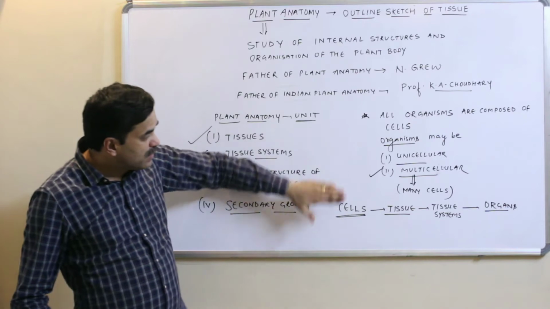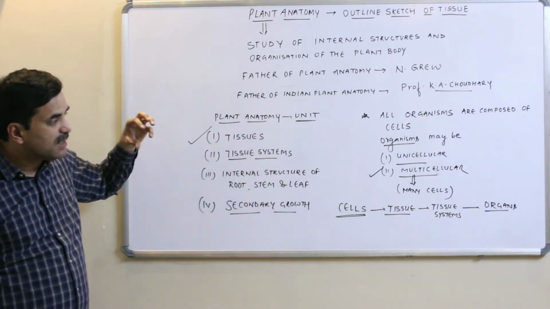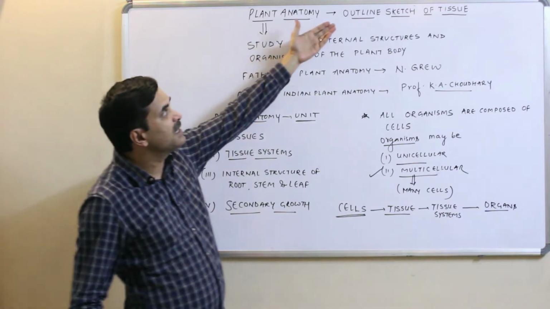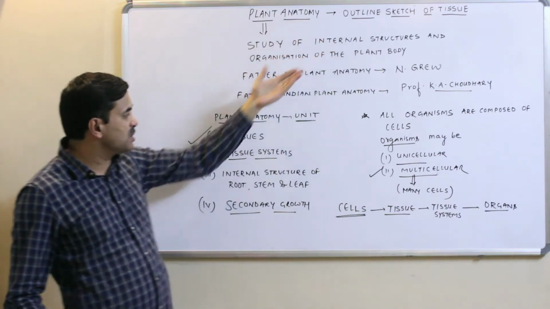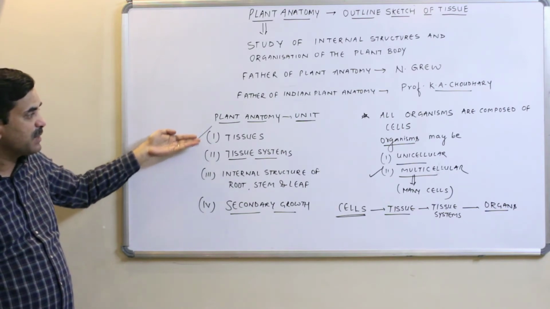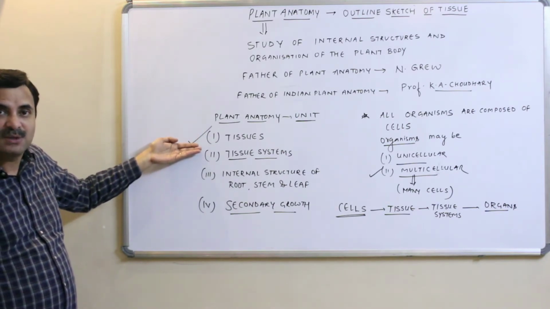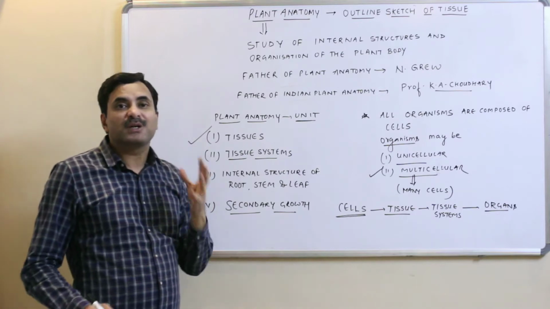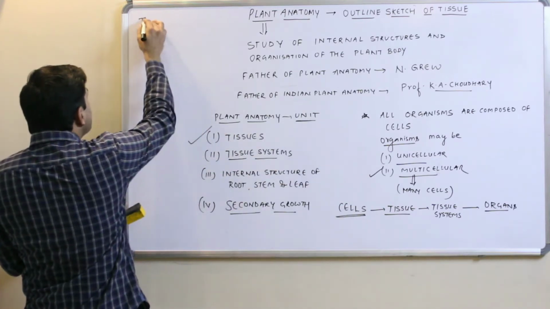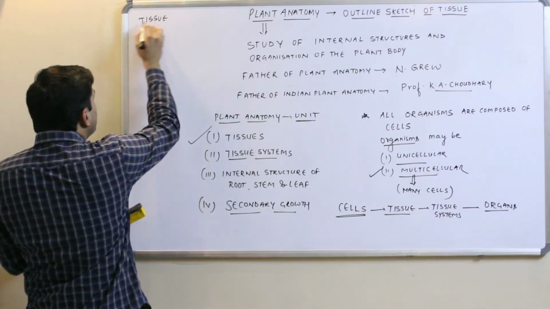So now we have to focus on the tissue, on what tissue is. Our topic is the outline sketch of the tissues, because we have to start a chapter of plant anatomy, and that is tissues. So we must know what tissue is, and first we are starting with the tissue.